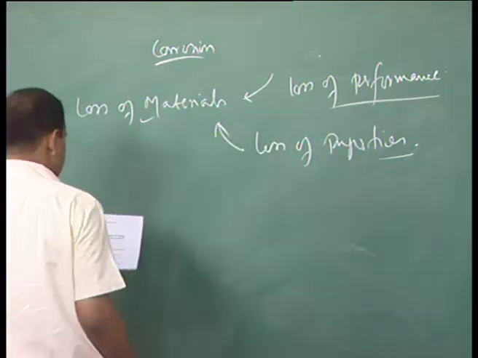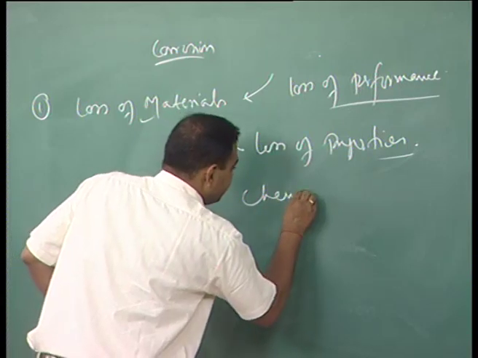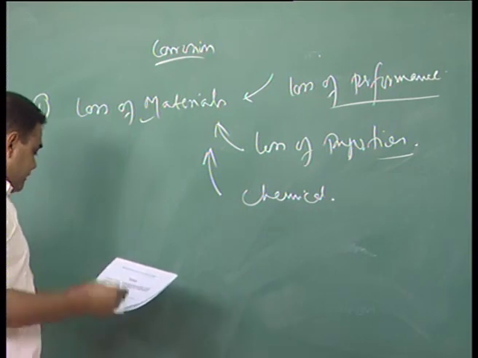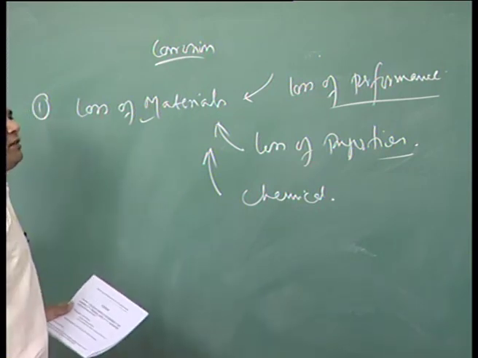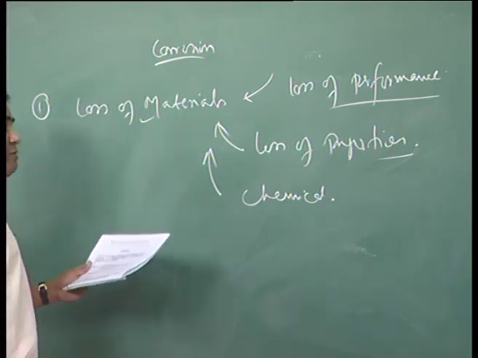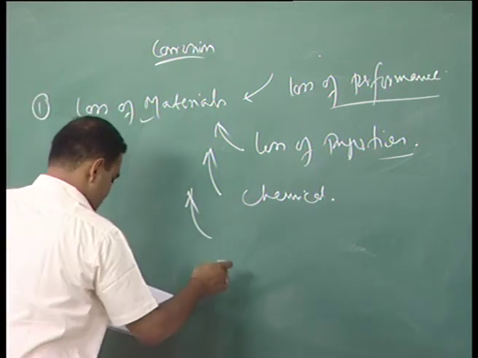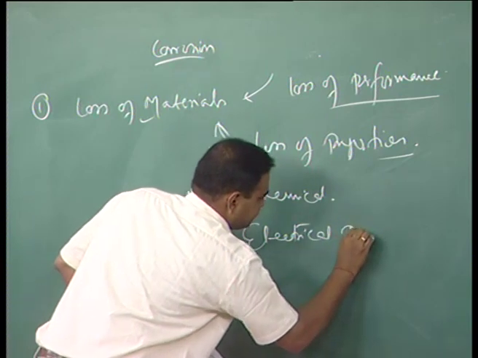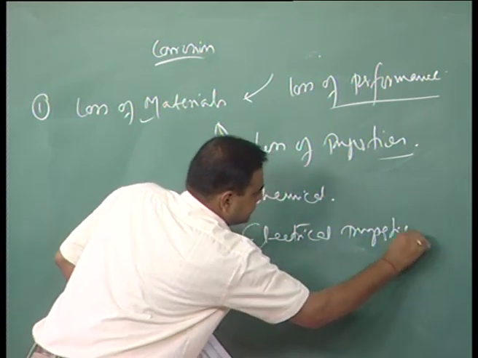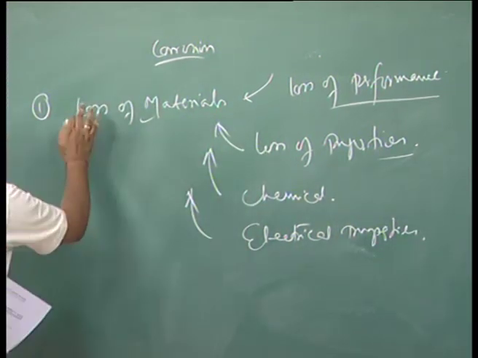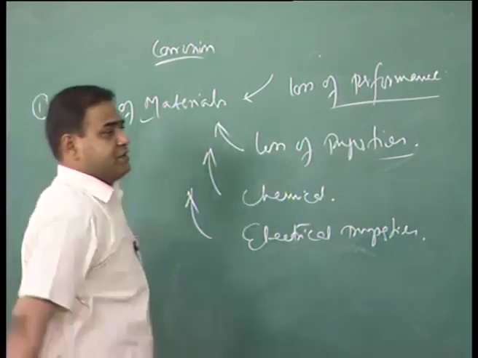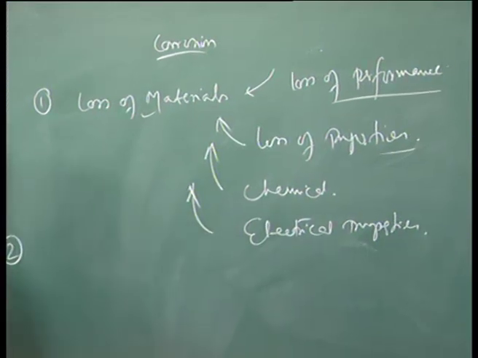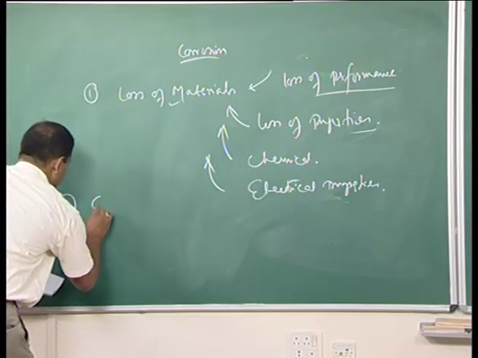Or you can have chemical effects, that means the chemical properties will get lost. There can be loss in electrical properties. Fine. Now another keyword, the second keyword, was engineering material.